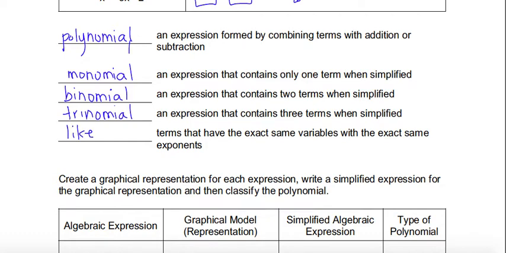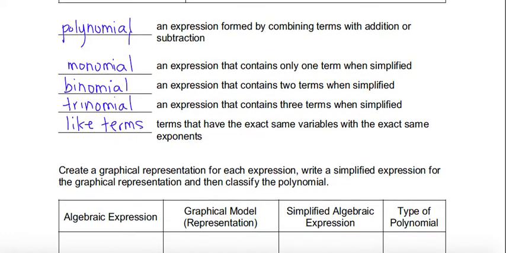And like terms are terms that have the exact same variables with the exact same exponents. So when we're looking at this graphically, visually, we want to look at like terms having the same shape. So they are either both large squares, both rectangles, or both small squares.